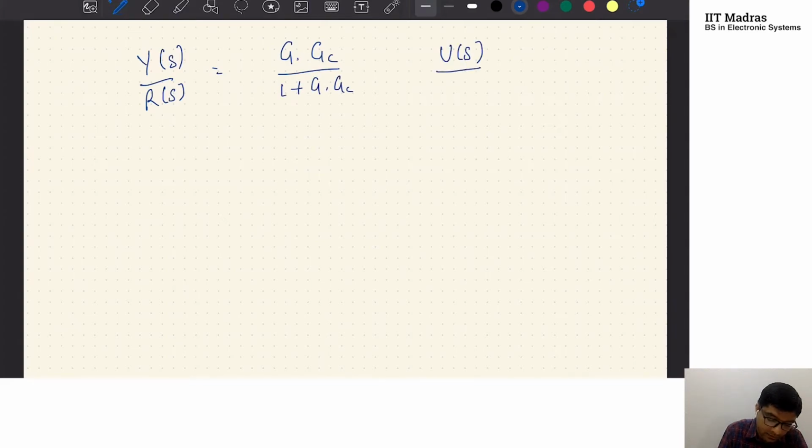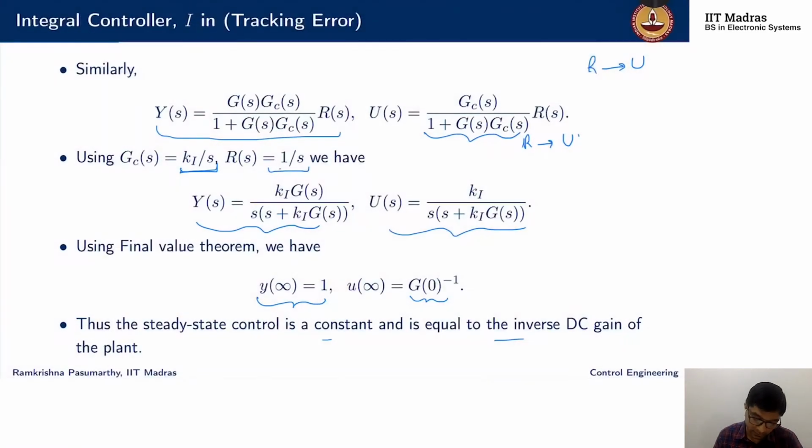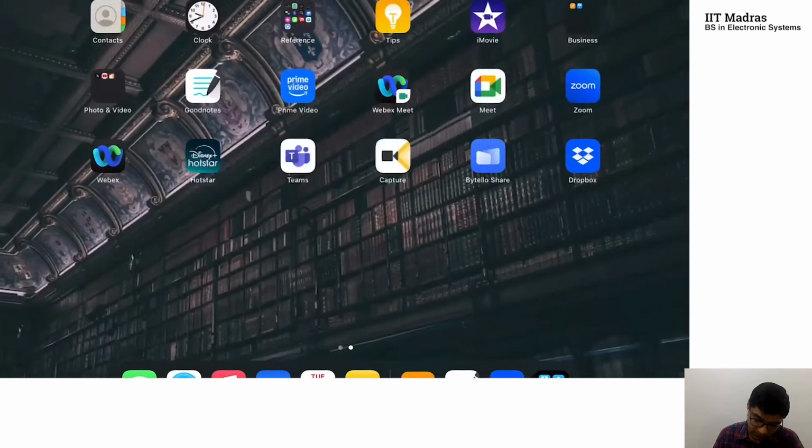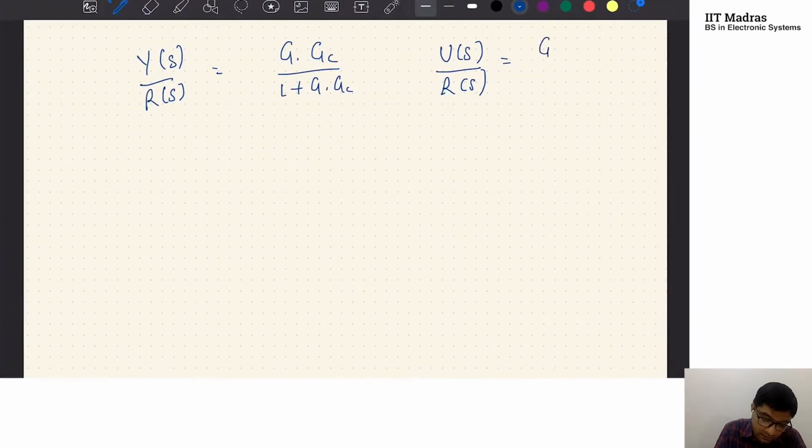Similarly, the transfer function from R to U was Gc times 1 plus G Gc. So I had the plant of the form G equals 1 over s plus 2, and Gc is 5 over s. Let's look at what is Y(s) for a unit step.